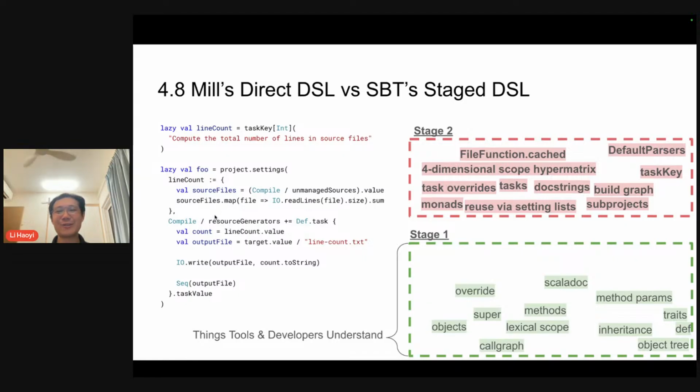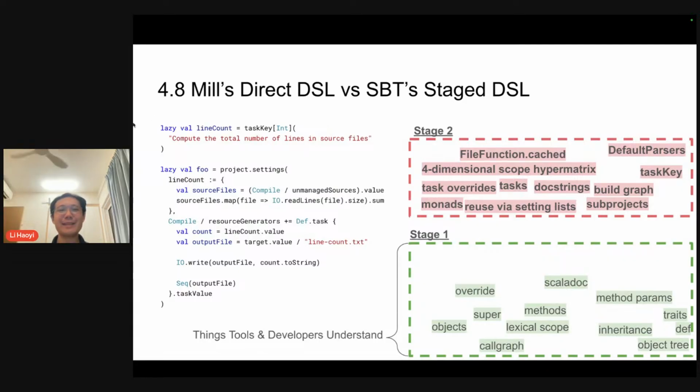What your build is actually doing is in a stage 2 program, where rather than having Scala objects, methods, classes, and values, we have tasks and doc strings instead of Scaladoc, and settings lists rather than traits. And instead of lexical scope and inheritance, we have this 4-dimensional task hypermatrix thing. Most people don't have 4-dimensional brains, so trying to think in 4 dimensions in SBT can be quite challenging.